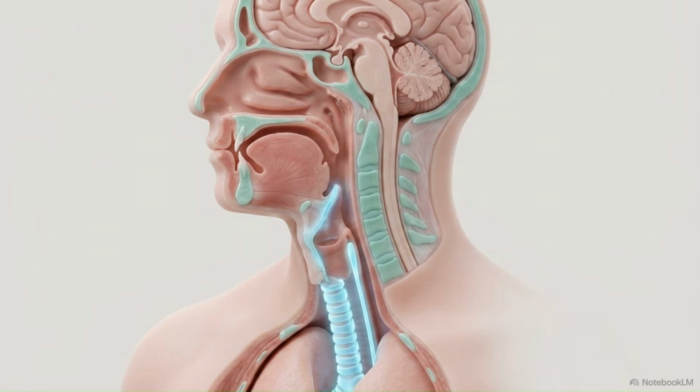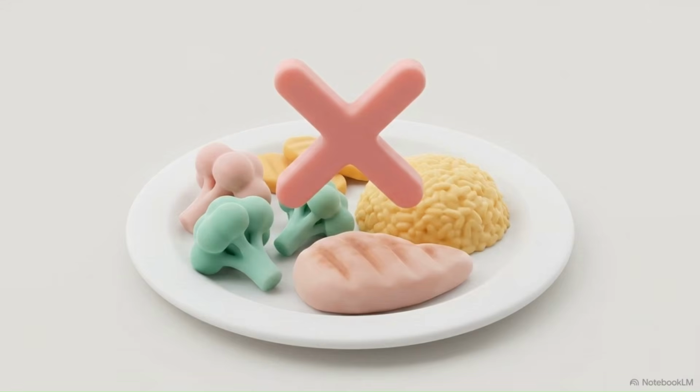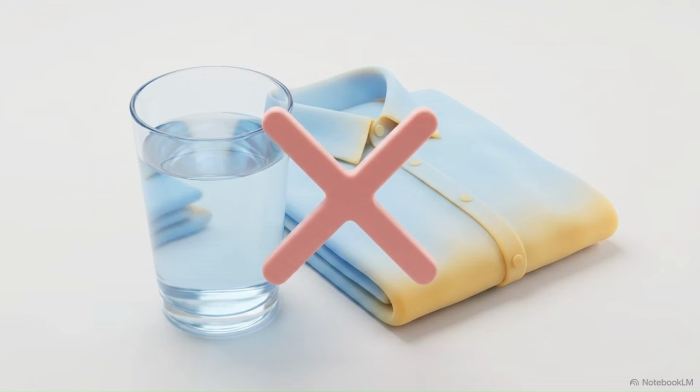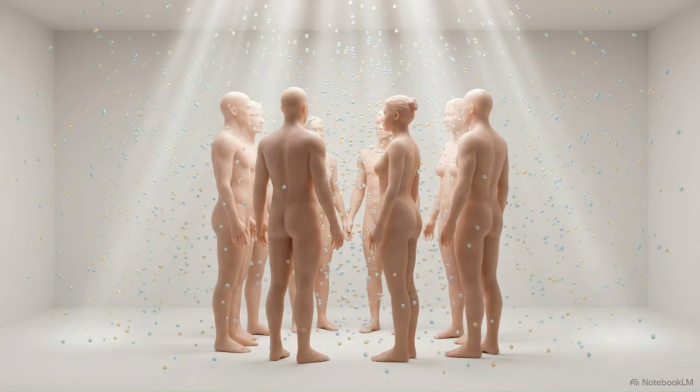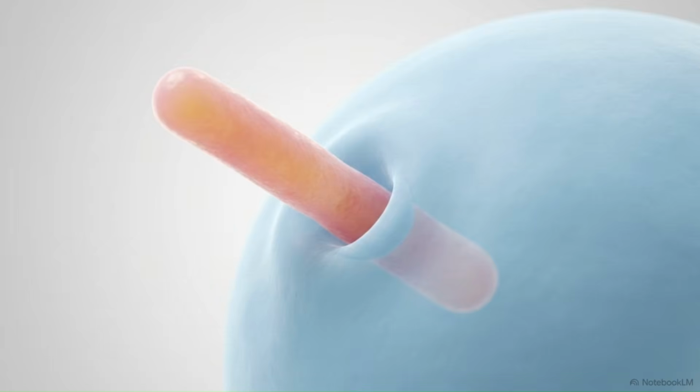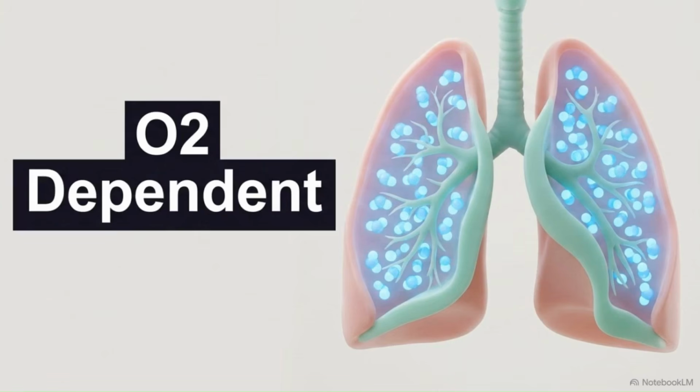It is strictly a respiratory threat. You cannot contract it through food, contaminated water, clothing, or physical contact like handshakes. Tuberculosis thrives on shared air and weakened immunity. That combination provides the exact conditions the bacteria needs to invade the host.